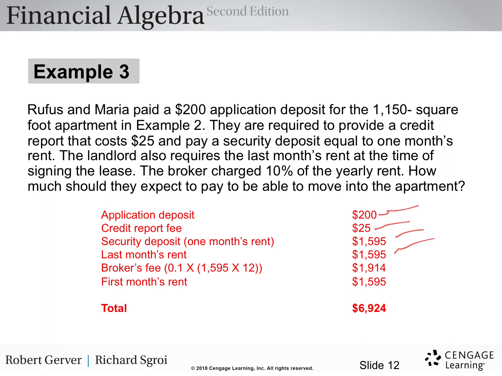So I have to take the monthly rent, multiply it times 12, and take 10% of that to get the broker fee. And then lastly, the first month's rent as well. And if I add all those up, I find that Rufus and Maria have to pay $6,924 before they can move into the apartment.